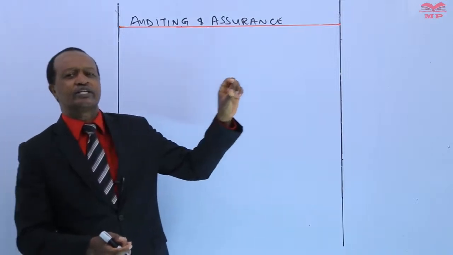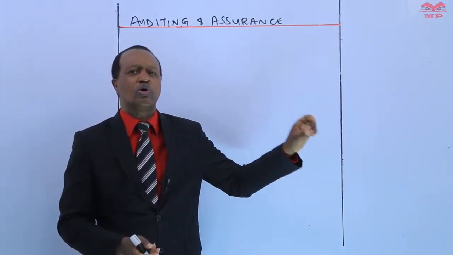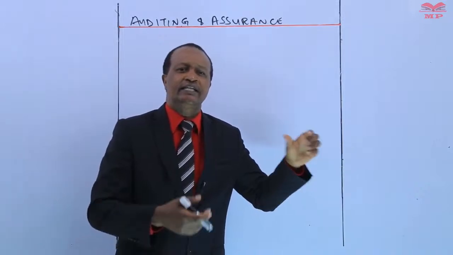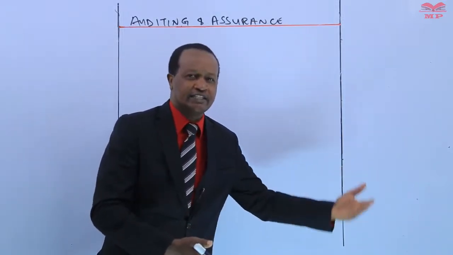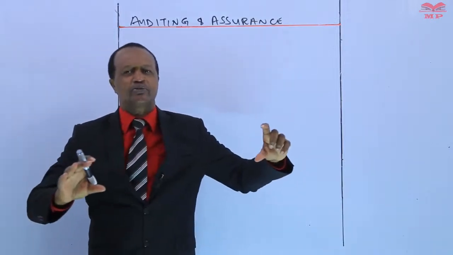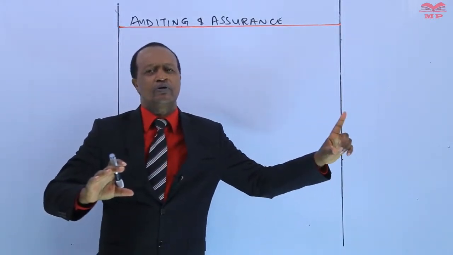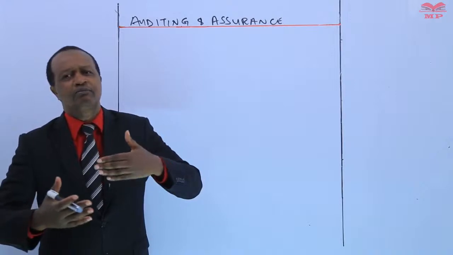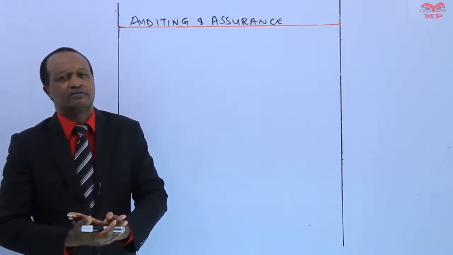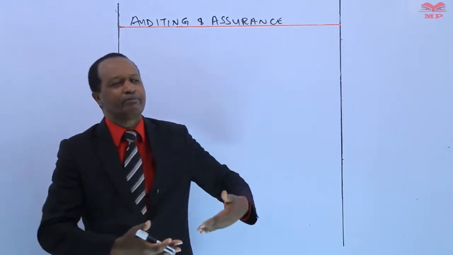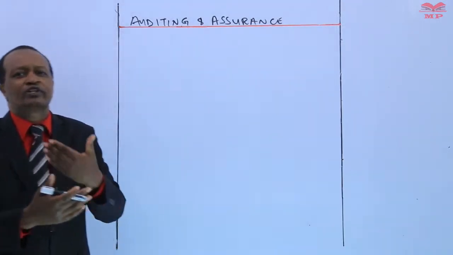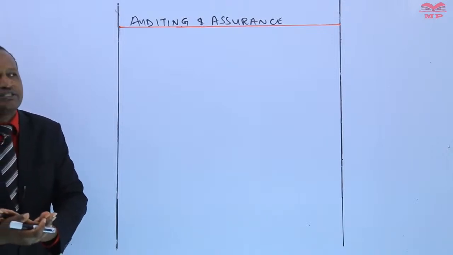We have the shareholders, who are the principals, who own the company, who delegate the day-to-day management to the managers, who are the agents. And that separation of ownership and management creates potential conflict of interest, as agents, the managers, may prioritize their own interests over those of the shareholders.